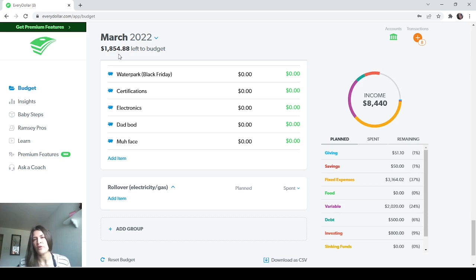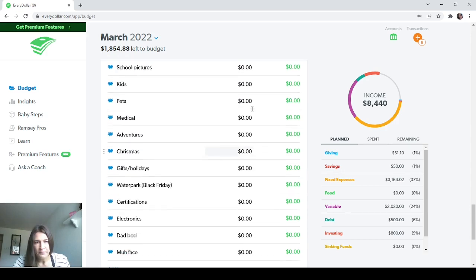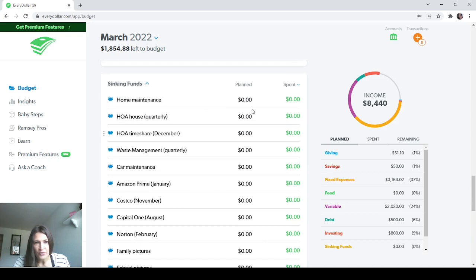And that's going to kind of serve as our cushion throughout the entire month until we move into April. And then whatever money we have left over when we close out March's budget goes towards debt most of the time. Sometimes I reallocate it depending on what sort of life events we have going on, but usually that cash flow goes towards debt. But I like to have that cushion, so I'm going to leave that there. These are all of my sinking funds.